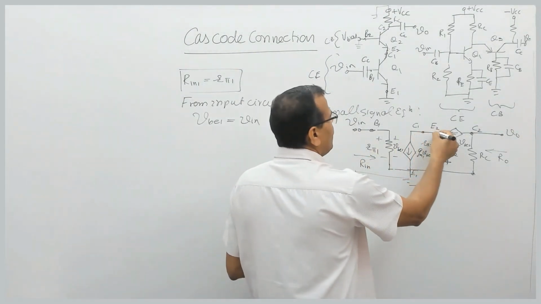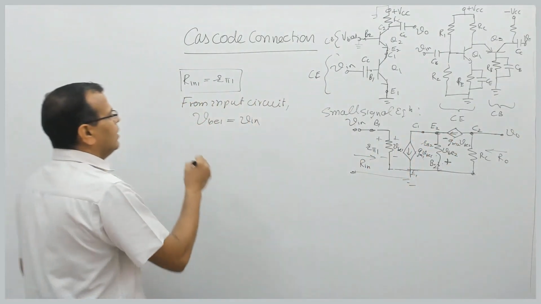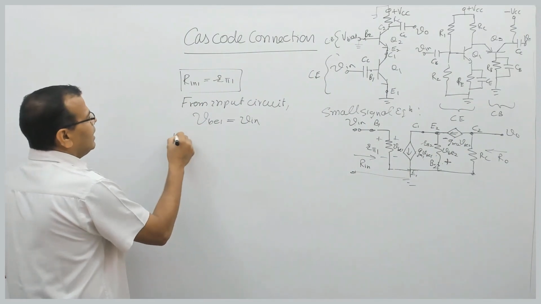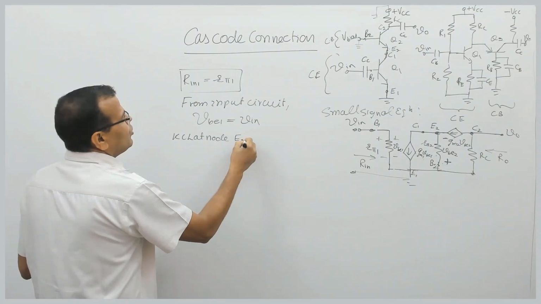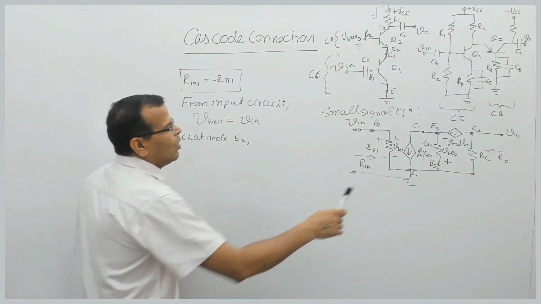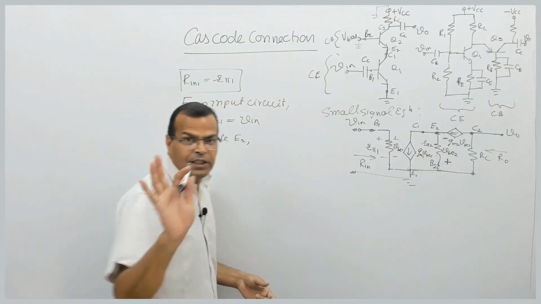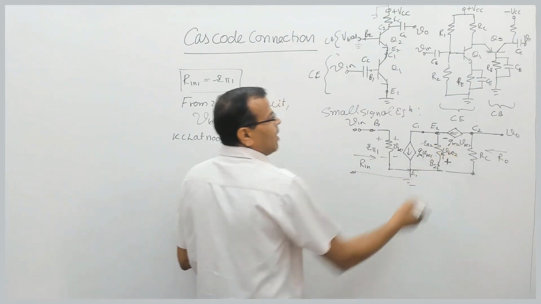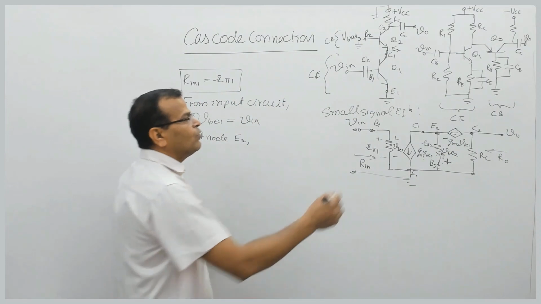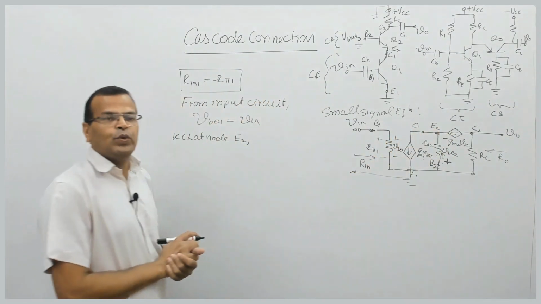Number two, if you apply KCL at node E1, or you can say KCL at node E2, you can apply. What is current in this branch? Please see it carefully. This is plus, this is minus, so current must be going upward. So what is voltage at node E2?